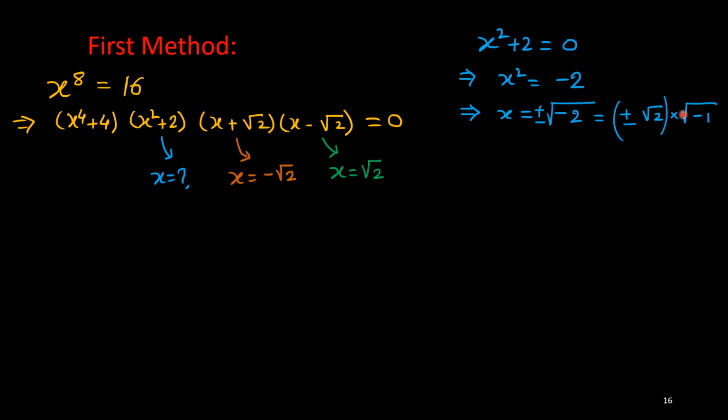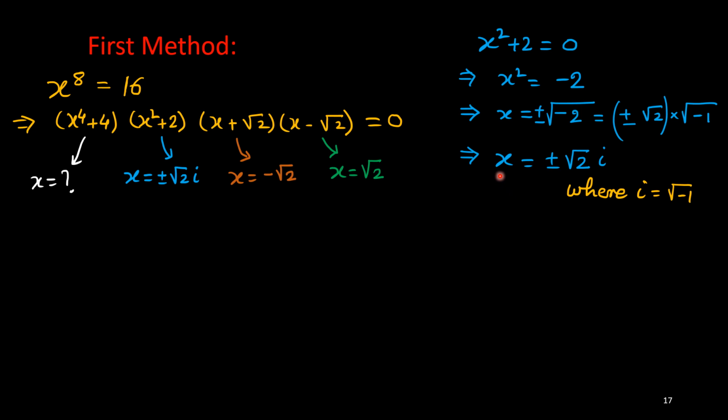This is not real, so this is an imaginary quantity. We'll consider one symbol, small i, to represent the square root of minus 1. Thus x equals plus or minus square root 2 times i, where i equals square root of minus 1, and this is an imaginary quantity.